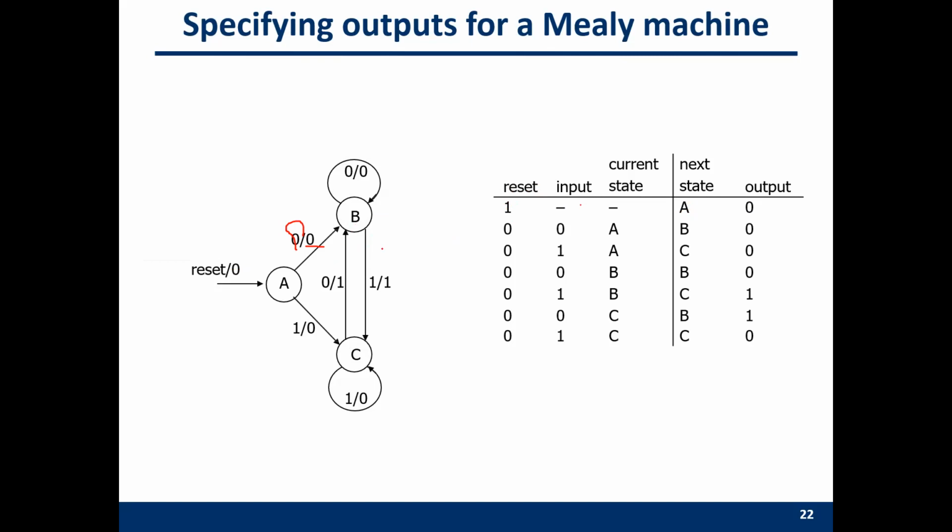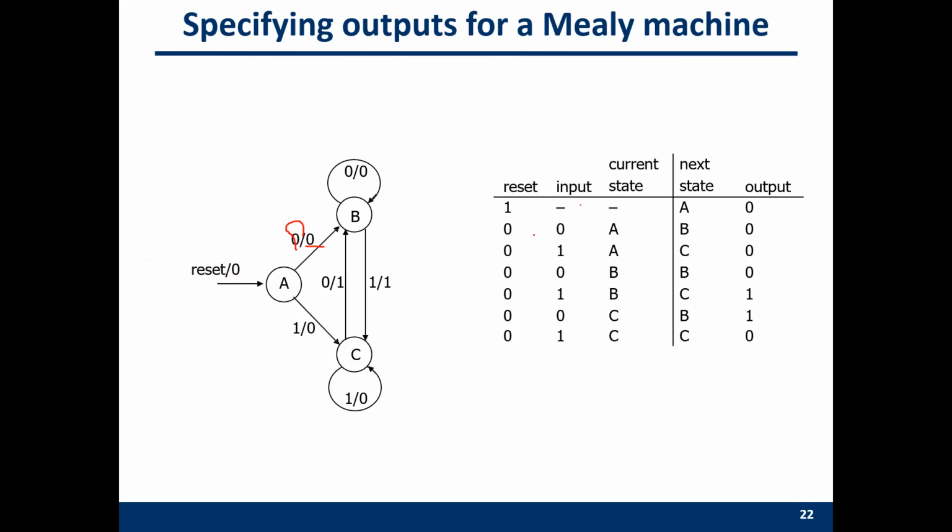So I'm just writing this finite state machine back as a truth table. When the reset is 1, then no matter what the input and what the state is, you have to go back to A, and the output here is a 0.